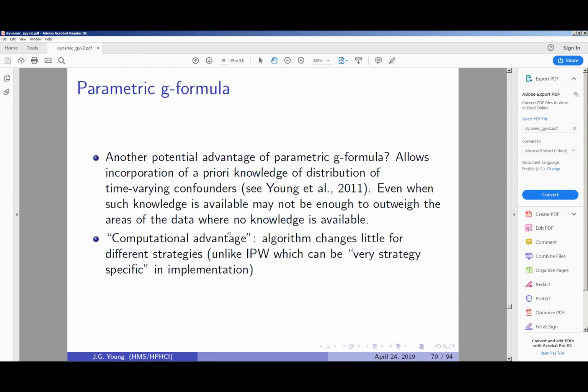So I talk about an example of this in this 2011 paper, and also, as I say at the end, I have a slide at the end: we actually did a CIMPOD workshop fully devoted to the parametric G-formula in 2017, and I have a link at the end which has slides. We have a SAS macro to implement this with sample code and examples.